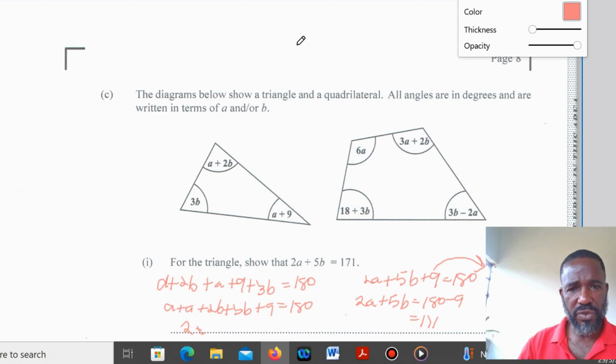So here we have 2A plus 5B is equal to 171. And that's how we would have got this. So we have successfully shown that 2A plus 5B is equal to 171.